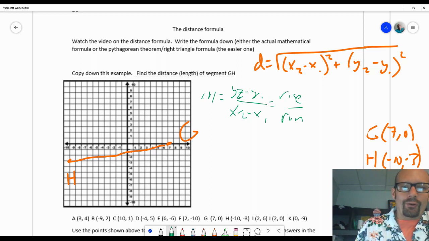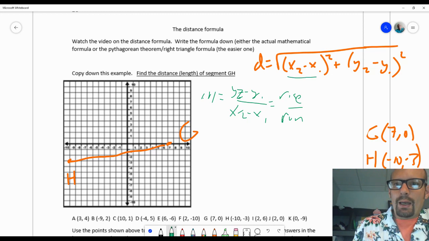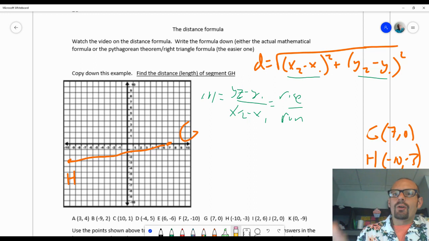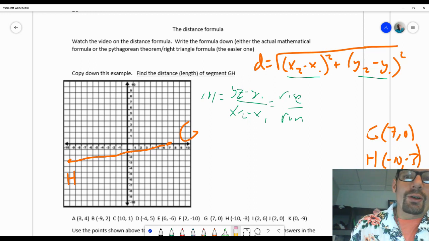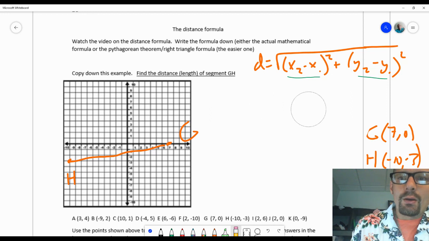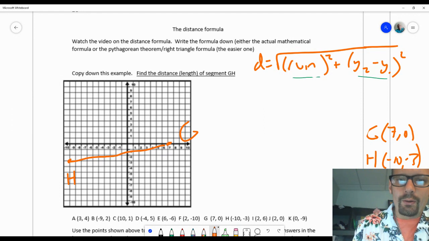Well, look at what we have here. In the distance formula, we have x2 minus x1 and then y2 minus y1 in there. So really, we could change the distance formula if you want to do it in more of a visual way. Instead of x2 minus x1 squared, we could call that the run squared.